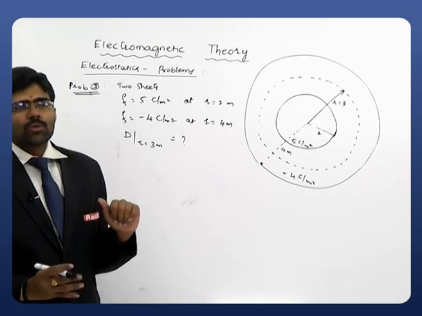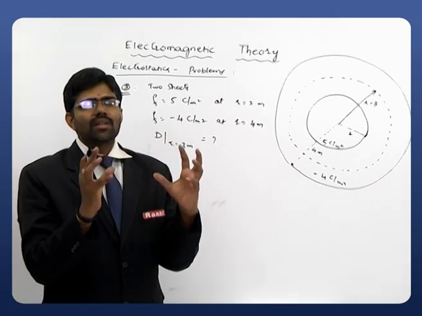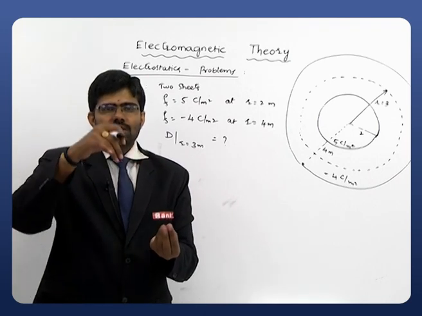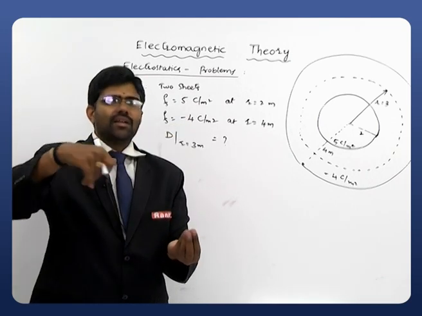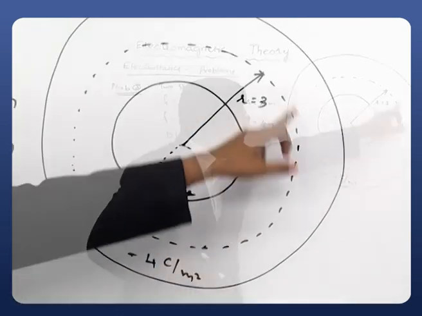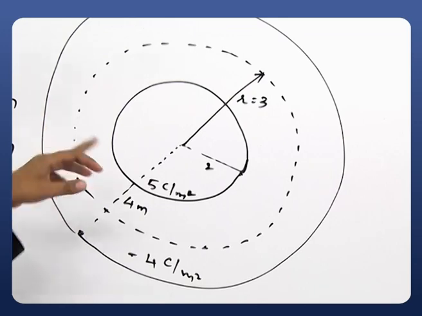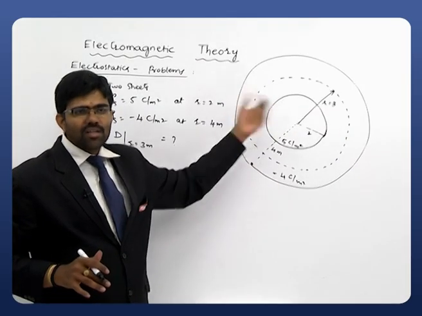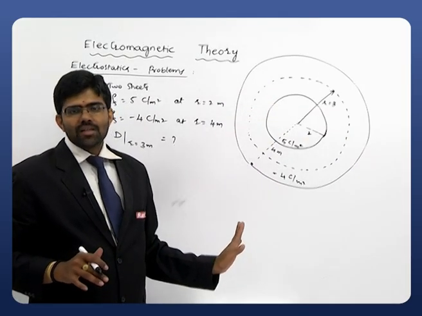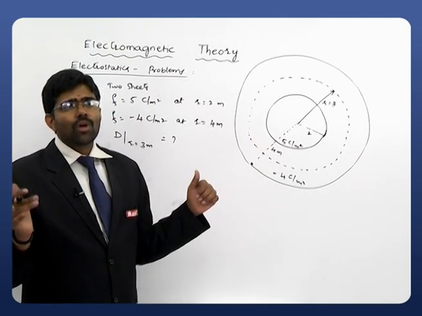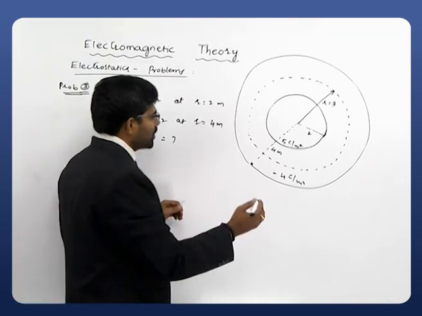So, here what we are supposed to do is form a symmetrical Gaussian surface. A symmetrical Gaussian surface at the point that we require is a cylinder. This dotted cylinder that we have drawn here is nothing but the Gaussian surface we are supposed to consider. So, the Gaussian surface is already formed, right? Now, just calculate the total flux leaving through the Gaussian surface.